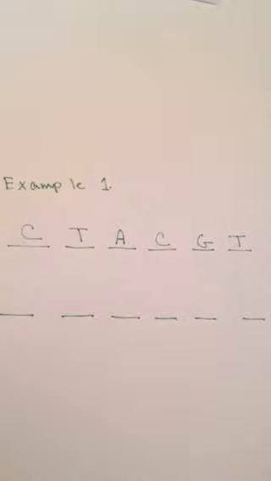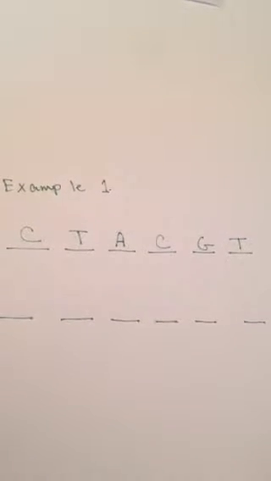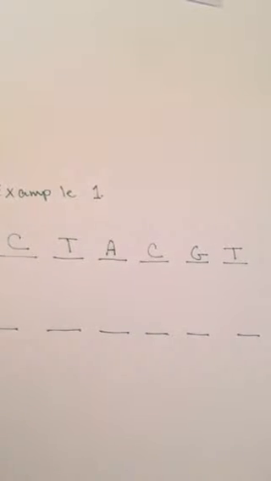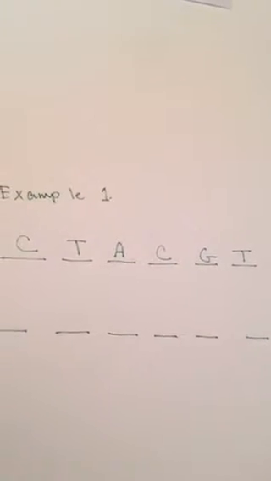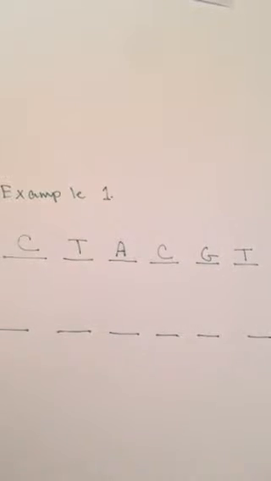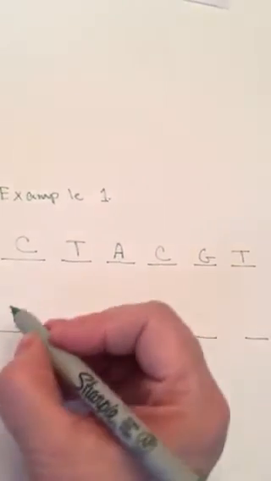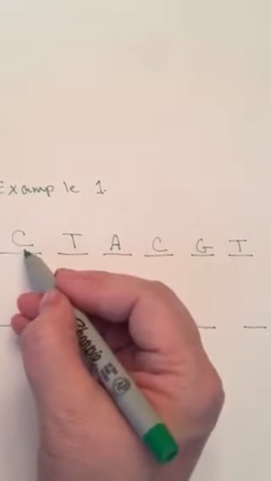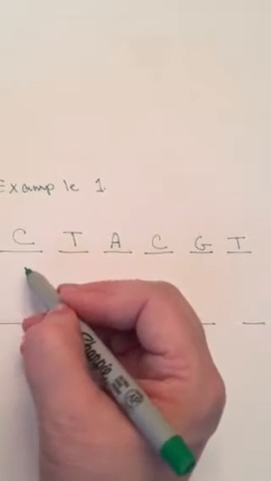In our first example, we show one strand of the DNA, which is CTA, CGT. We're going to pair that up now with the other strand, which would be C. What do we say now? Cars and what?